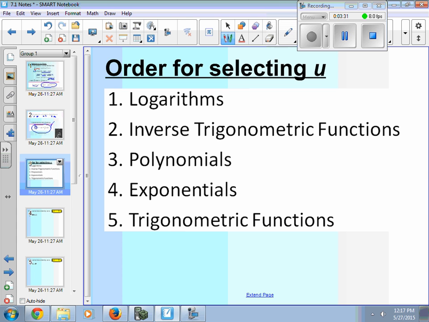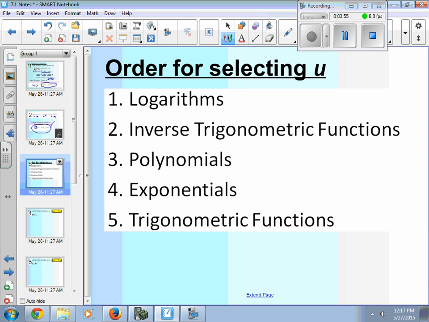You want to start at the top of this list and work your way down. Whichever one you hit first, that's the one you're going to select for u. So if there is a logarithm involved in the problem, that is the number one choice. You are going to put u equal to whatever the logarithm is. If there's not a logarithm, then you're going to check to see if there are any inverse trig functions. If there is, that's the next choice for you.